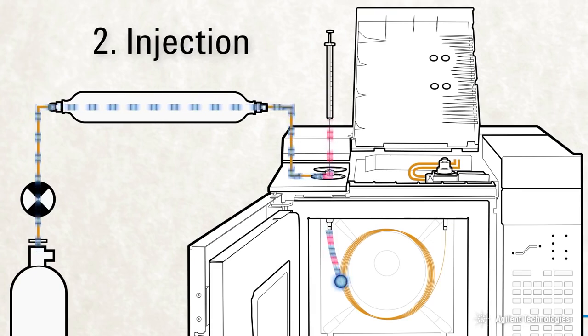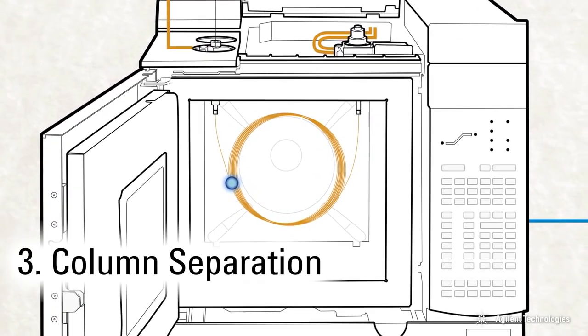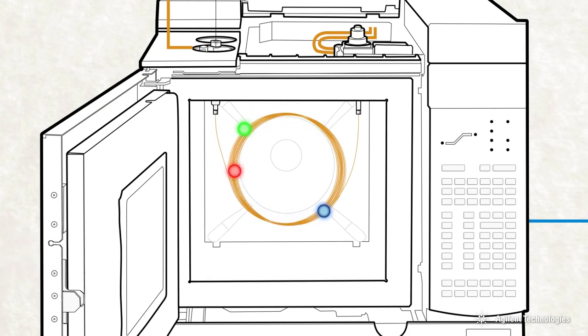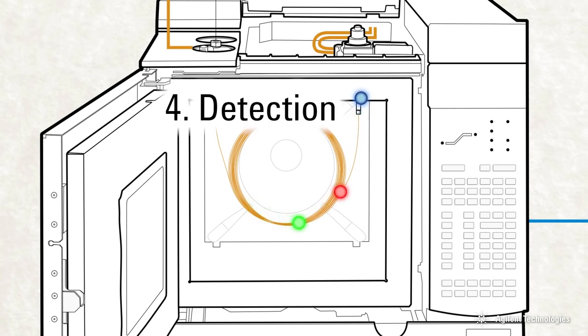the GC column. The analytes are then separated in the GC column with a variety of physical and chemical separation mechanisms. After the separation of the analytes, they are individually measured in a GC detector that converts some chemical or physical property into an electrical signal.